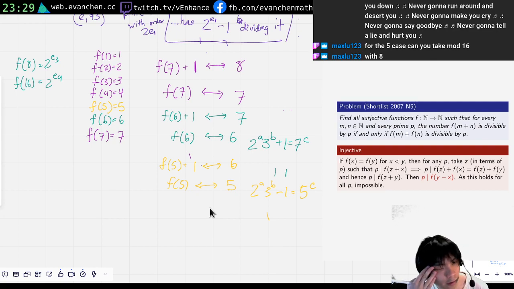For the 5 case, you can take mod 16 with 8. That's probably a better long-term strategy. Yeah, actually that might just be the right way to go. So I have f of 1, 2, 3, 4, 5, 6, 7. Yeah, mod powers of 2, actually, I agree. I believe that is what I want to do.